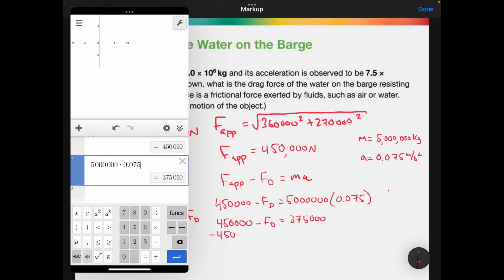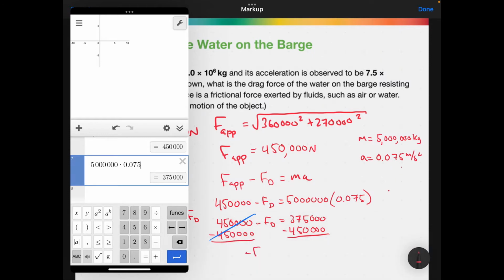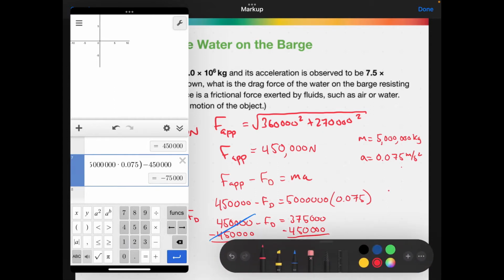So subtracting 450,000 from both sides gives us a negative number, but we also have a negative drag force there, so that makes sense. But dividing by -1, multiplying by -1, whichever route you want to go to get rid of that negative sign.